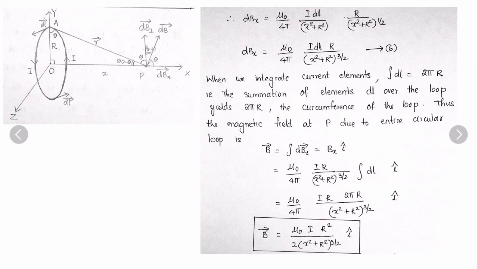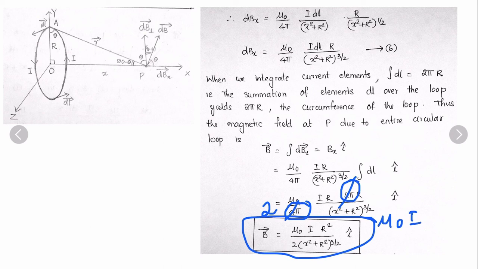Then we are going to get mu 0 I capital R square, because pi in the numerator and pi in the denominator will be cancelled out, and 2 and 4 becomes 2. Then finally you are going to get mu 0 I and then R into R.